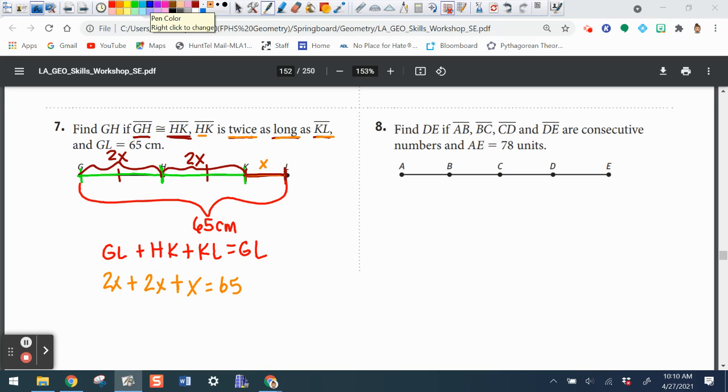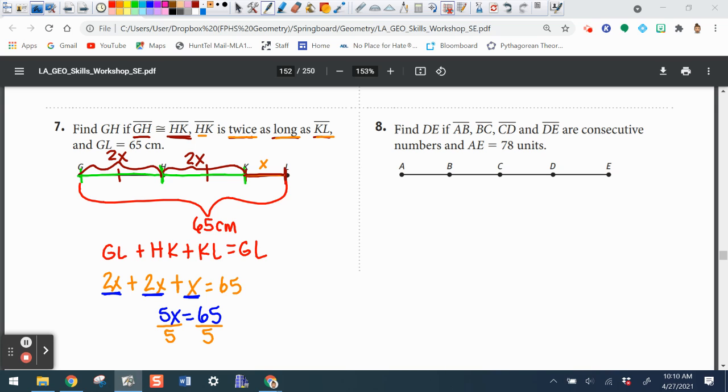So we're going to combine like terms, which 2x, 2x, and x are all like terms because they have the same variable raised to the same exponent. So 2x plus 2x plus 1x is a total of 5x, and it will equal 65. Now to solve for x here, since 5 is multiplying by x, we'll divide both sides by 5.